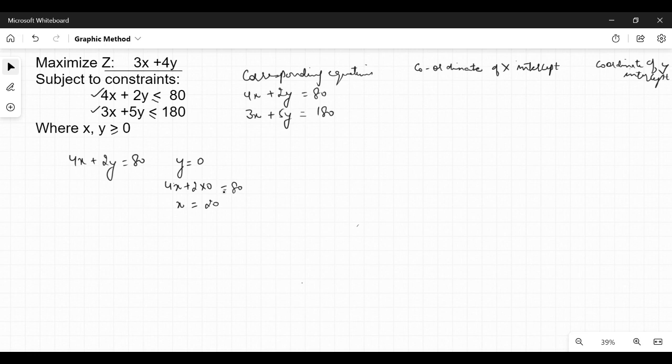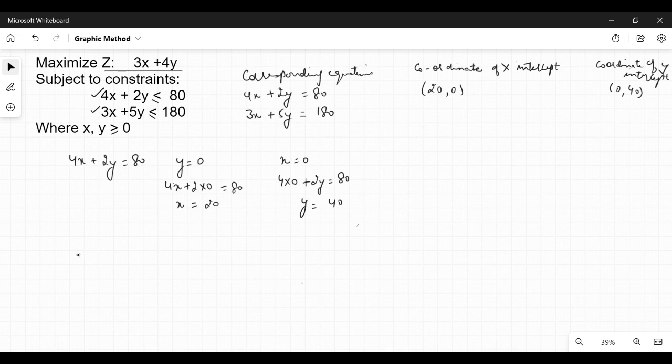In this way, the coordinate of the x-intercept is (20, 0). In the same way, we find the coordinate of the y-intercept. For that, we put x = 0 and the equation is 4 into 0 + 2y = 80, so the value of y is 40. So the coordinate of the y-intercept for the first equation is (0, 40).